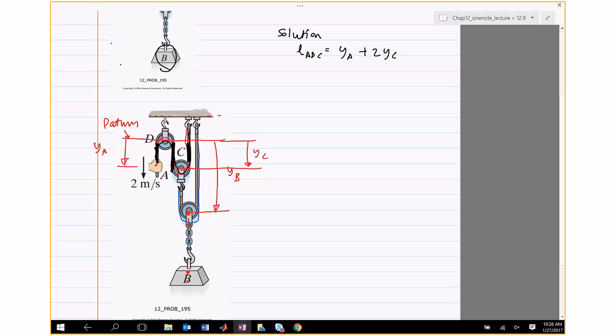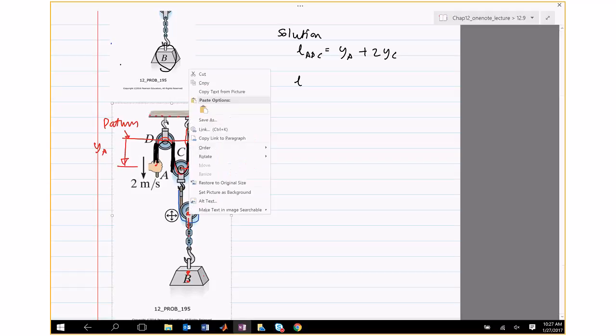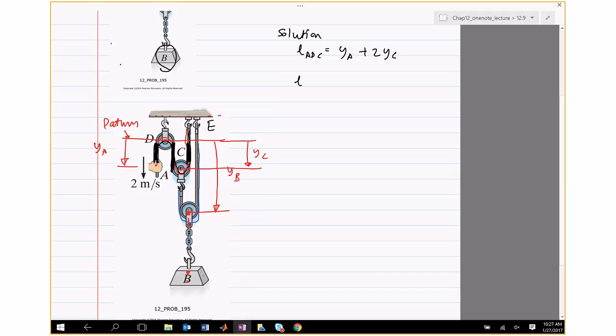Okay, I've totally skipped writing pi R1, pi RD if you like, and pi RC because as you notice that will not come eventually when I differentiate. So I'll just skip that. So this is YA, this is YC, YC, 2 YC gives me the length of ADC. Similarly, I can write the length of CB, and let me call this point E. Okay, the length of CBE is going to be this distance plus all the way this distance.